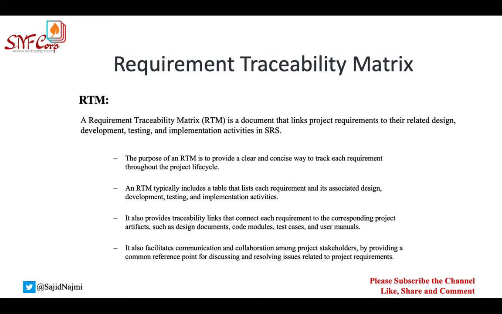Probably you will write whether this is going to impact a database change, a graphical user interface change, or any other changes. You may want to write all those things in your Excel in a tabular format, and you would like to associate those changes with your requirement specification documentation.